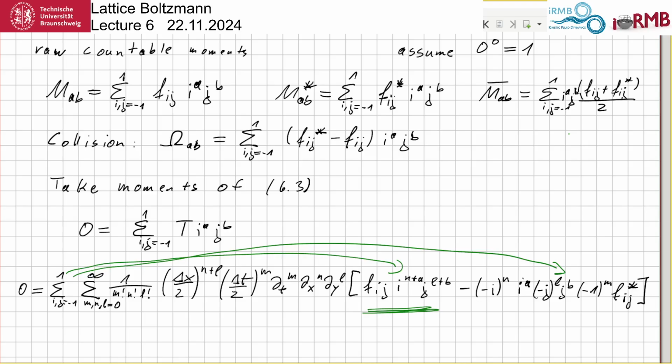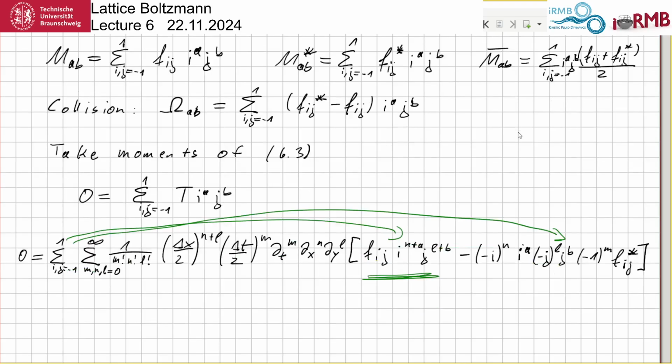So we can then put this in moment form. We put this sum into it, and then we end up with equation 6.4. So there will only be this sum here, m, n, and L equal to 0 to infinity.